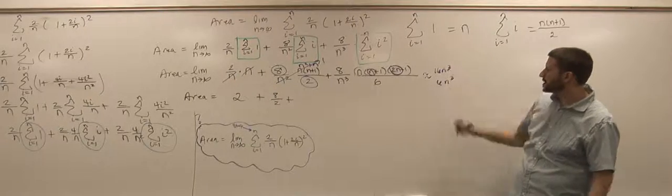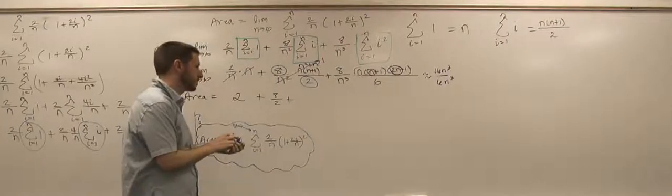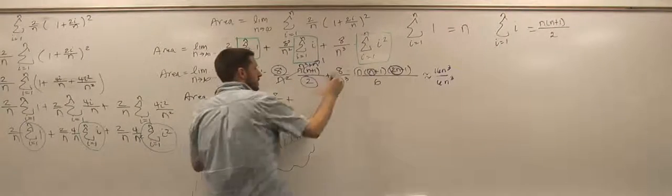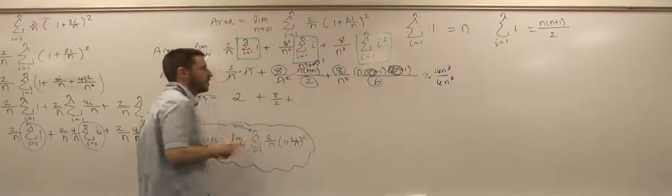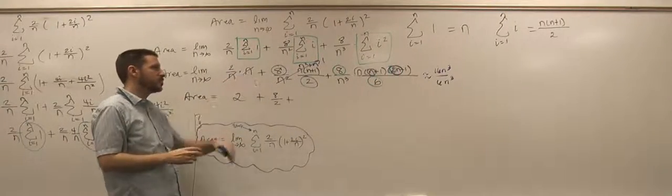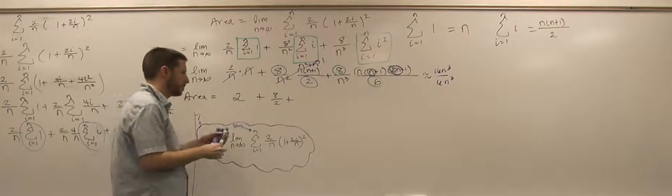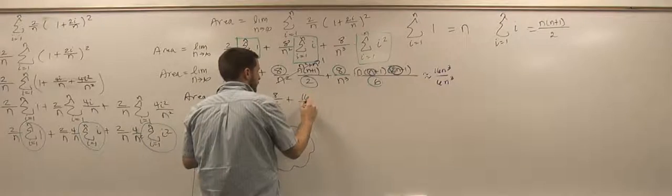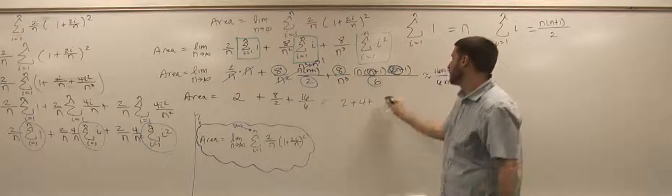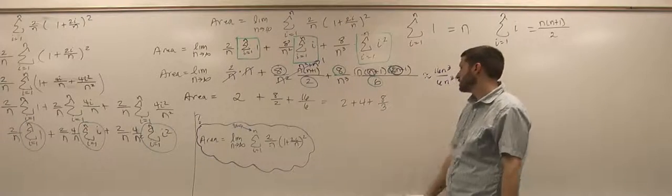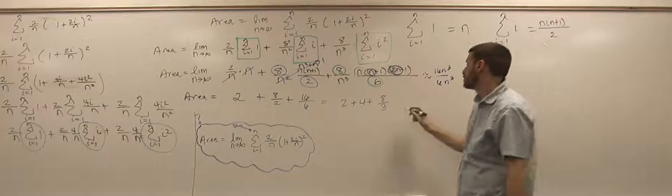As n goes to infinity, this guy goes to 16 over 6. This guy and this guy and this guy matter. Otherwise, the n cubed over n cubed is canceling as you go to infinity. So this is 2 plus 4 plus 8 over 3, 6 plus 2 1/3, 8 2/3.